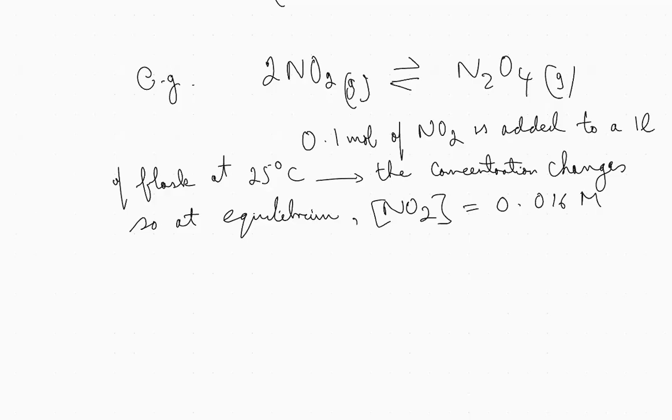We can just see 1 liter means 1, right? So this value is the concentration for initial NO2. So at equilibrium, NO2 has reduced from 0.1 to 0.016 here, and N2O4 is 0.042 M.